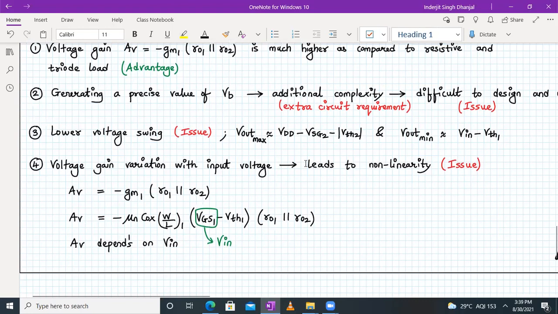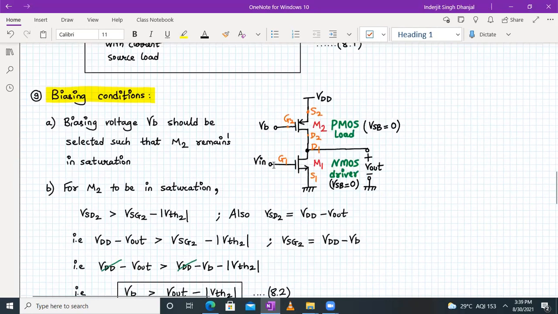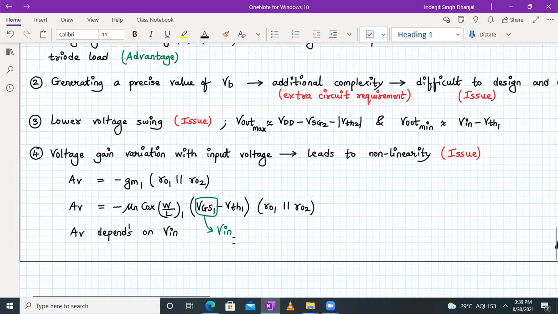And what is VGS1 in case of a common source load? VGS1 is nothing but your V in, right? So that means if I replace this with V in, my small signal voltage gain depends upon V in. And if the gain varies with input voltage, it will definitely lead to non-linearity or distortion. So this is a problem, right?